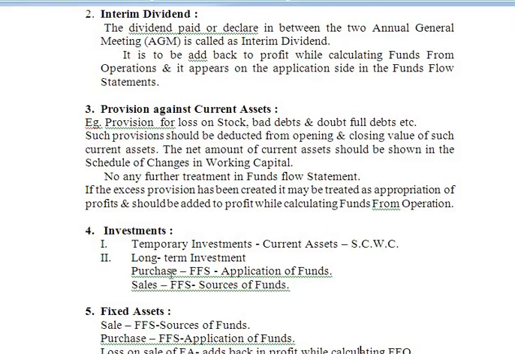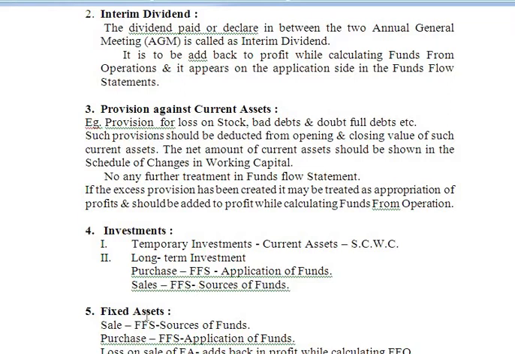If there is a purchase of long-term investment, it will come in the funds flow statement under the application of funds. And if there is a sale of long-term investment, it will come in the funds flow statement under the sources of funds.